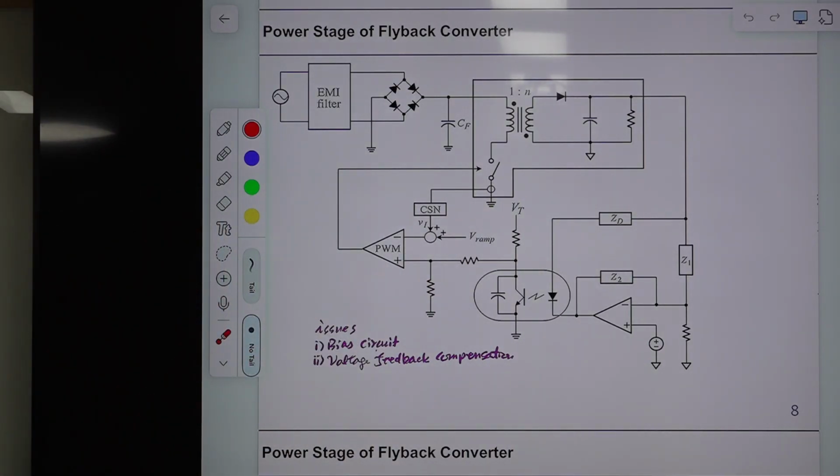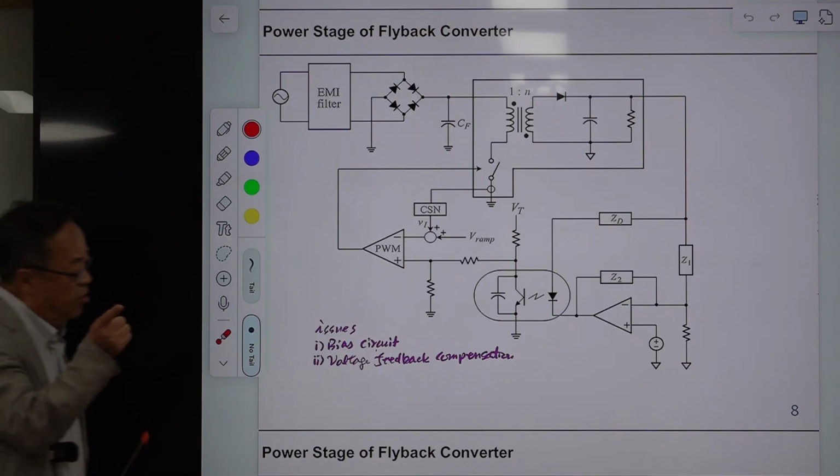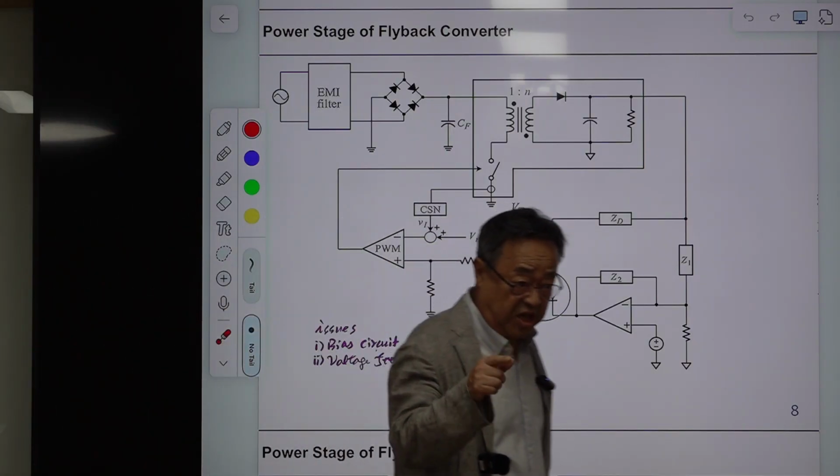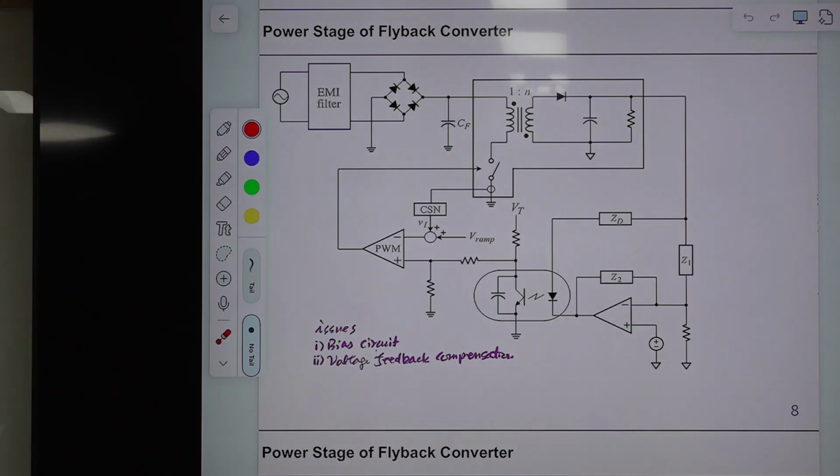Okay, so this is our product. Actually this converter is commercialized, and it is applied to the 42-inch TV set in LG Electronics.